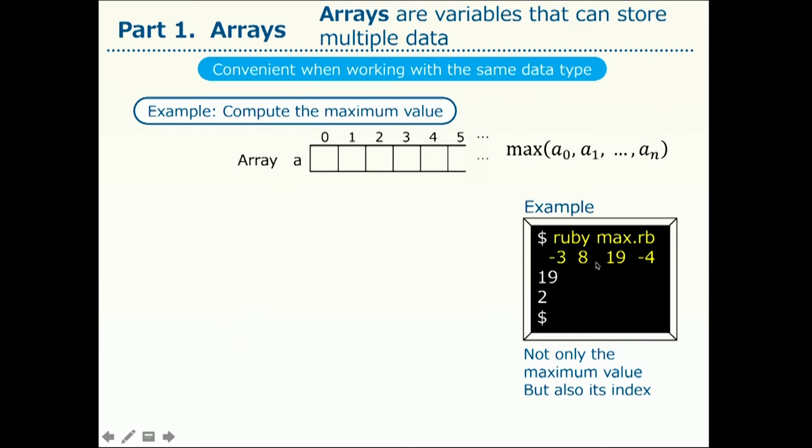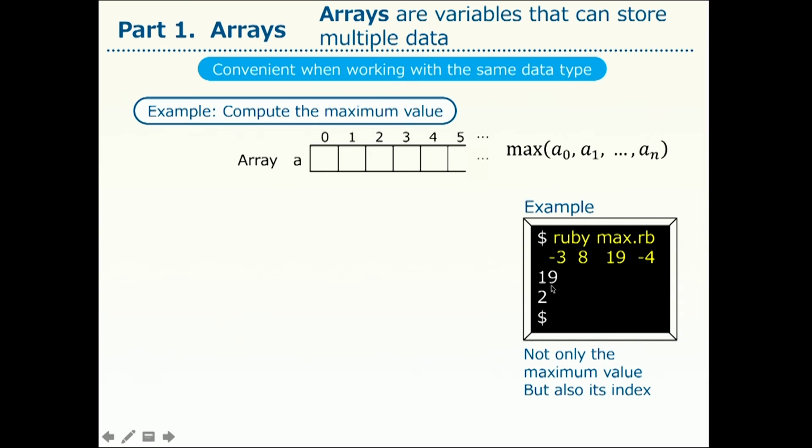So suppose, for example, we give those numbers and press Enter. Then we want the program to output the largest number among the four, which is 19 in this case. So the program, if it runs correctly, gives 19.